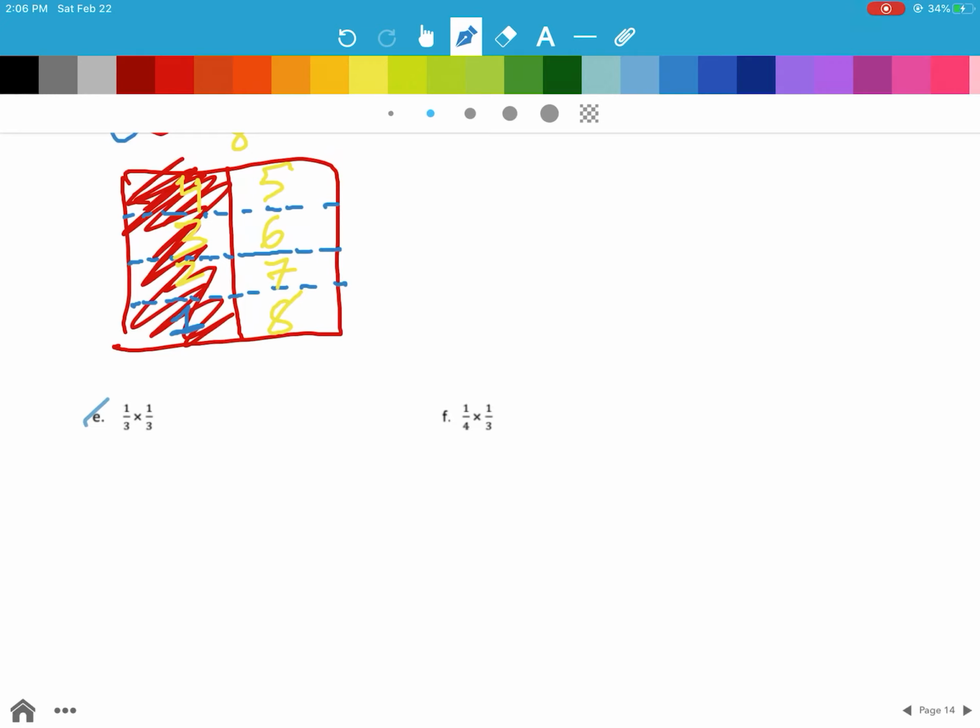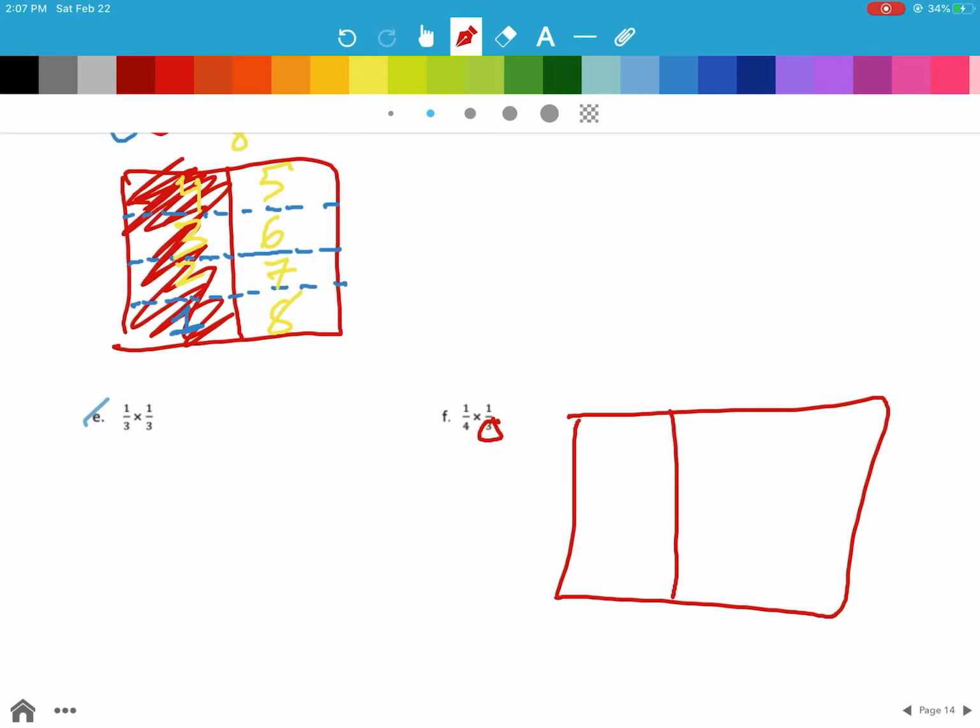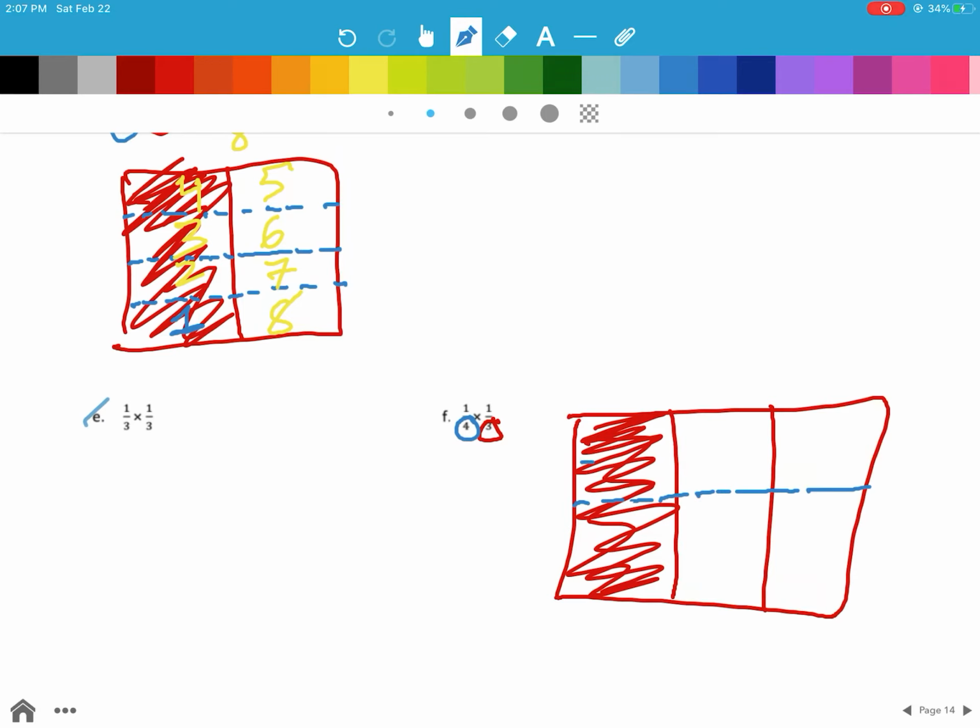All right. Now multiplying fractions is very easy if you really think about it. Okay. Start off with a third. And we go into fourths.